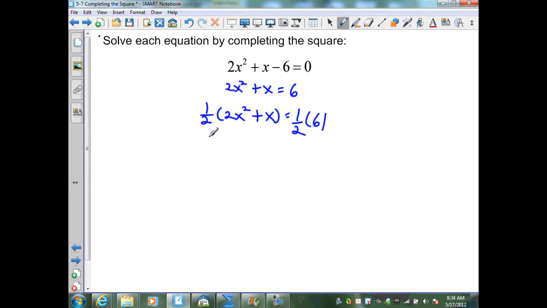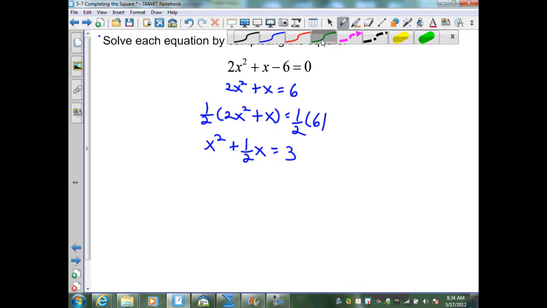Then I'm going to distribute. When I do, that gives me x squared plus 1/2 x equals 3. I know that the b is equal to 1/2.